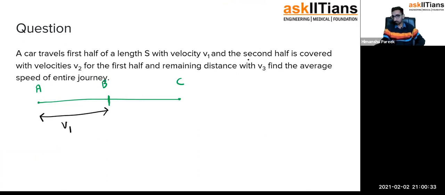Now read this language carefully. The second half is covered with velocity v2 for the first half and the remaining distance with v3.